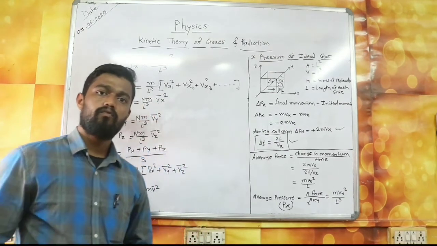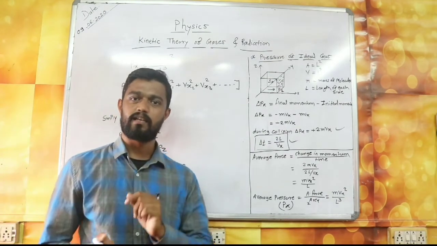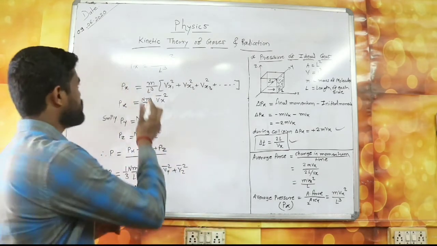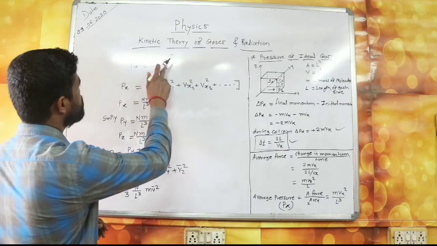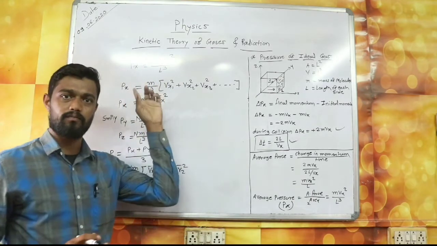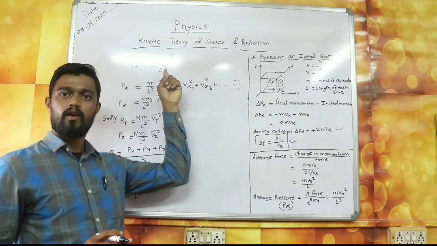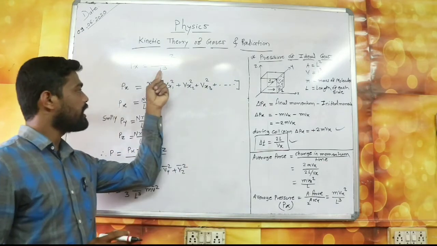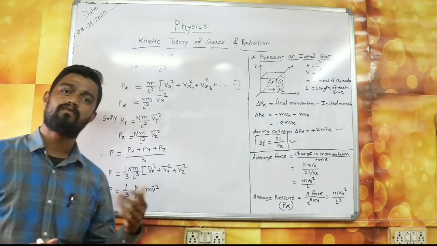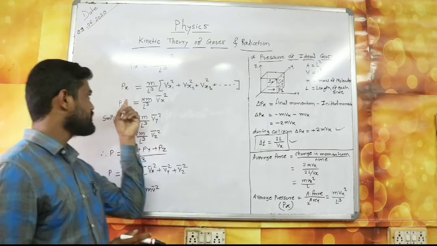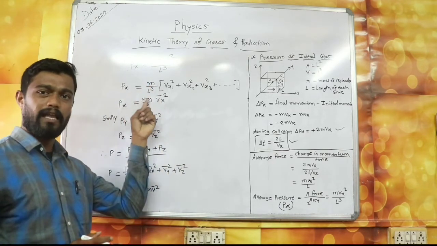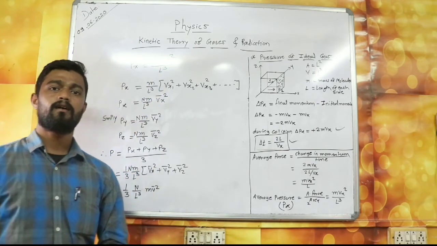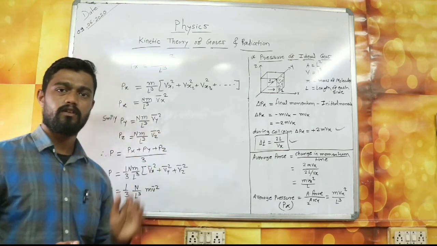Now we find the average pressure for a single molecule. When a molecule has momentum along the x-axis, the equation is Px is equal to mVx1 square upon L cube. Here 1 is defined for a single molecule. So for the second, third, fourth, up to n number of molecules, the equation is Px is equal to m upon L cube in square brackets Vx1 square plus Vx2 square plus Vx3 square up to n.